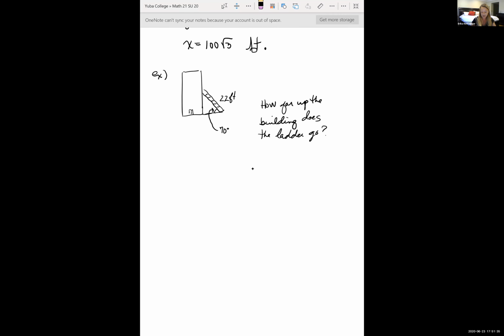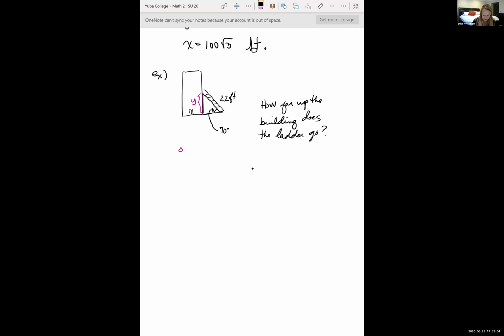Okay, so again, figure out what you're trying to find, what side. Looking at it, we're trying to find this length, how far up the building. Let's just call it some variable. I'm just going to call it y. Notice from the angle, it's a right triangle, the side that you're trying to find and what you're given. So here, we're trying to find the opposite, and we're given the hypotenuse.